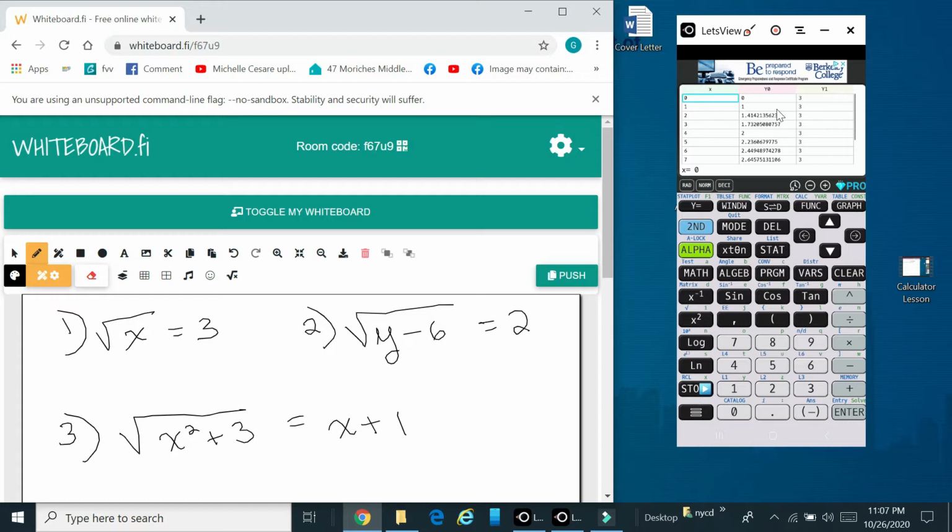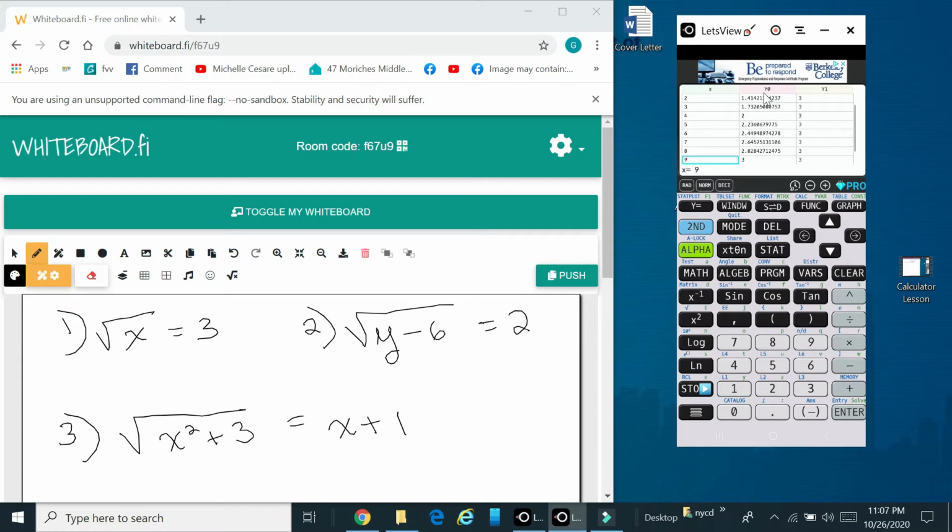And then you have that table right there. If you scroll down, wherever y equals 3, that will be your x. So let's keep scrolling down until you see both y's are 3.